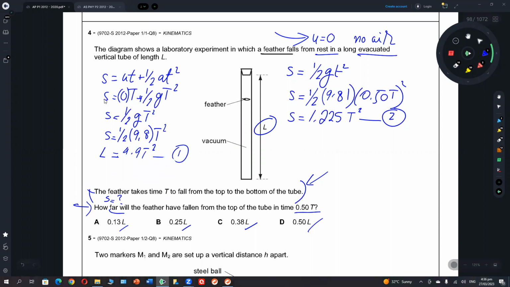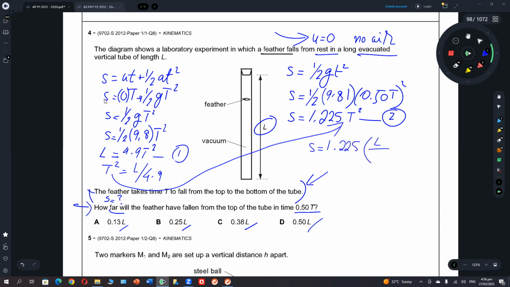From the first equation, if I make t square the subject, L upon 4.9. So can I get this t square here and put it there, will this remove t square from here? Yes, we'll put this L over 4.9 in its place. And why are we doing that?